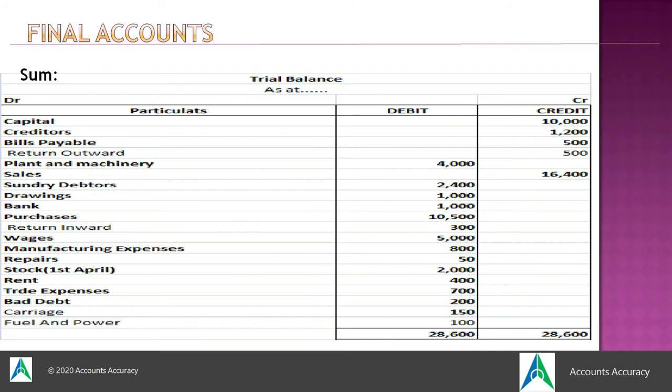So that's why wages we show in the trading account, whereas salaries we show in the profit and loss account. But if wages and salaries are both given together, then you have to check what is written in front, wages or salaries. If it's salary and wages, then you have to consider that as salary, and if it is wages and salary, then you have to consider that as wages.